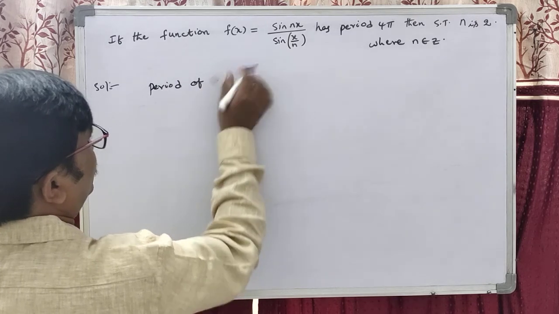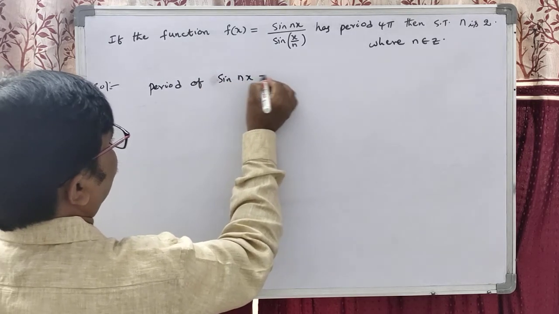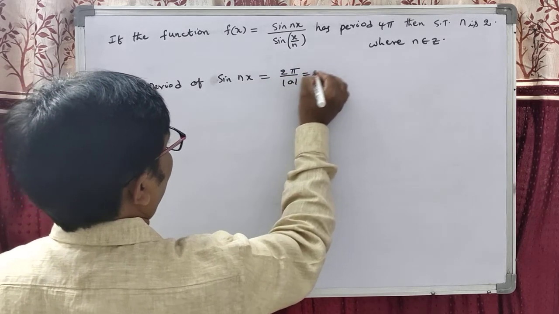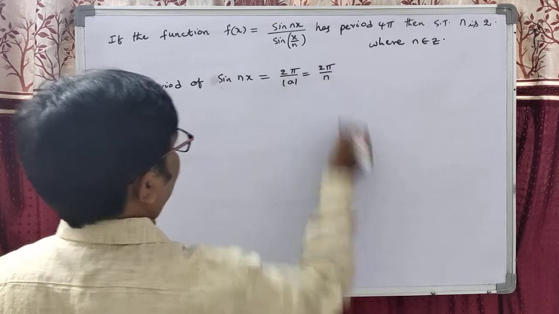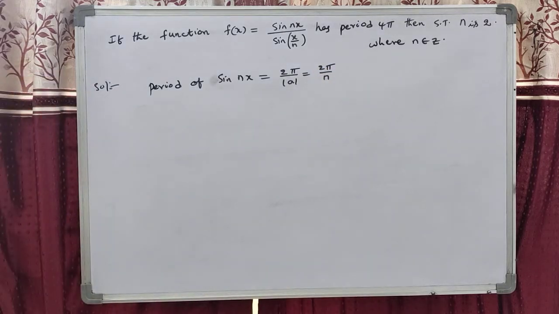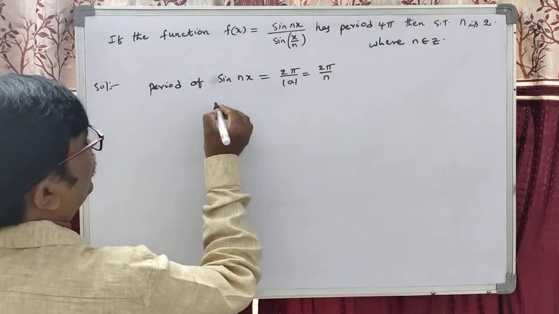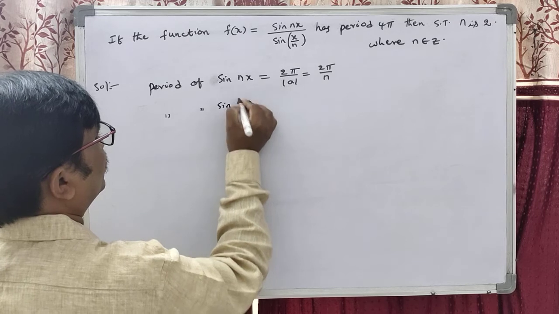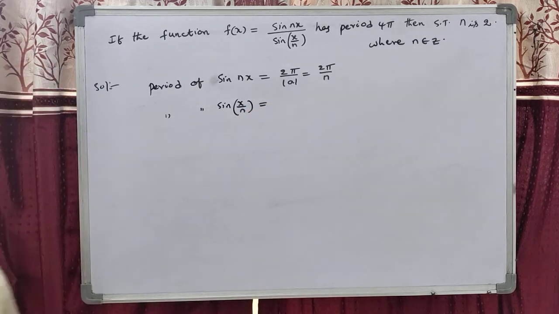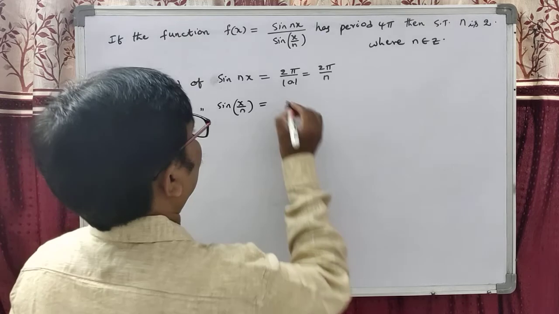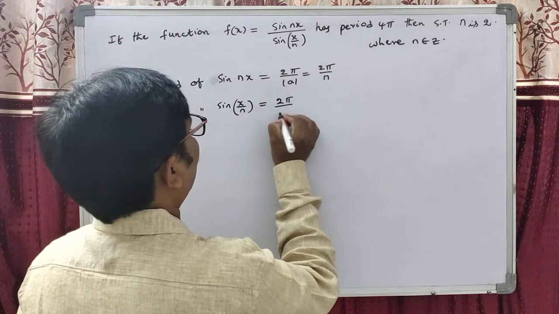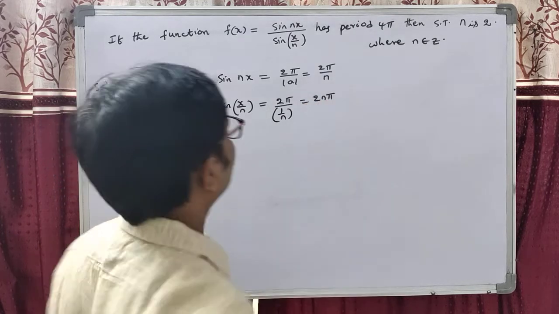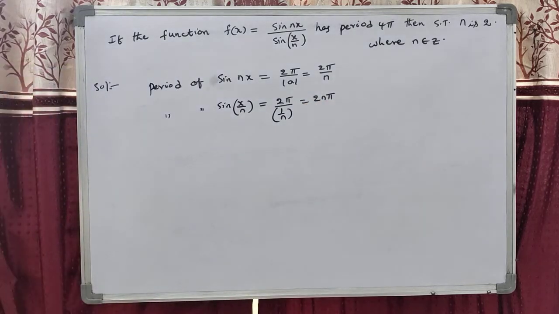The period of sin of nx is 2 pi by modulus of n. After that, the period of sin of x by n is 2 pi by 1 by n, which is 2n pi.